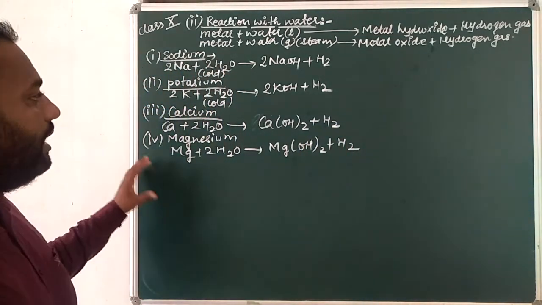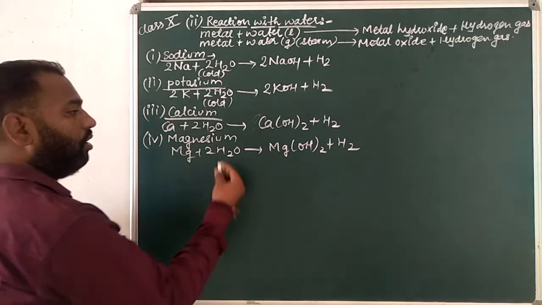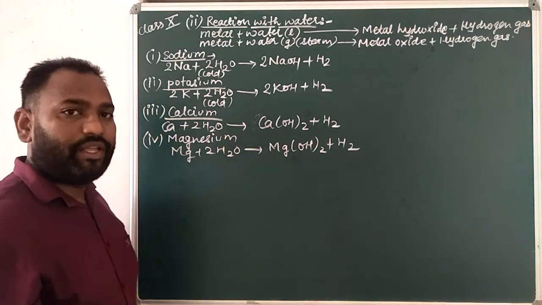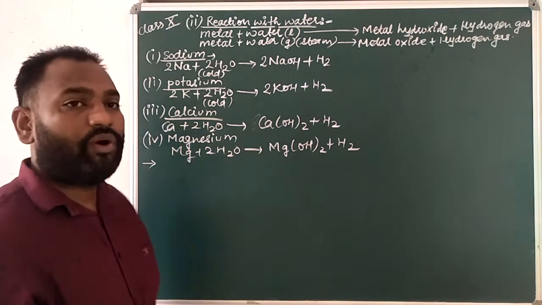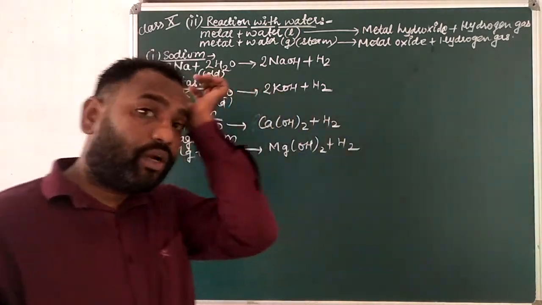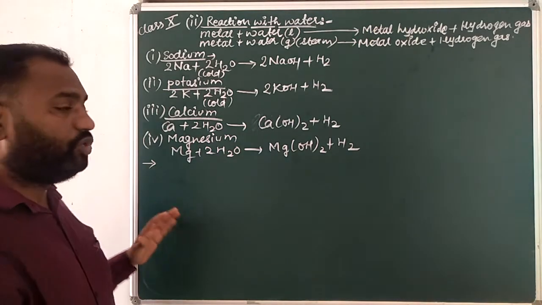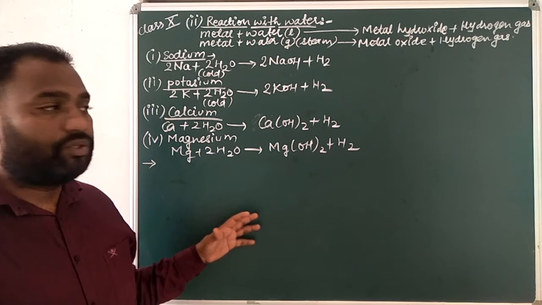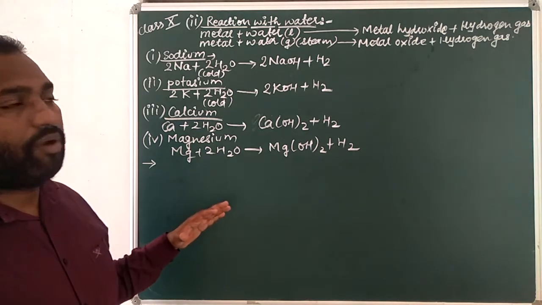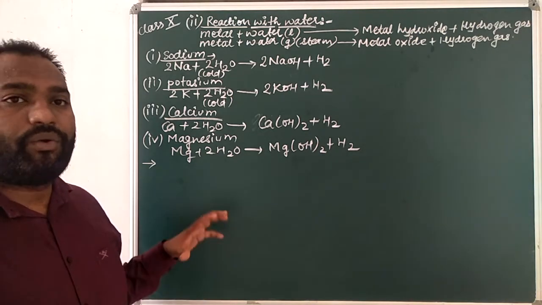This can also be taken with hot or cold water. But when you go to the downside, to aluminum, zinc, iron and similar substances, they do not react properly with hot and cold water.